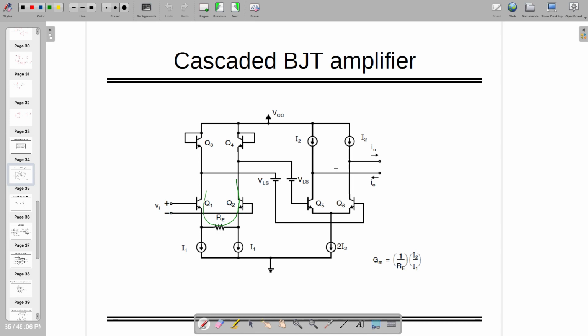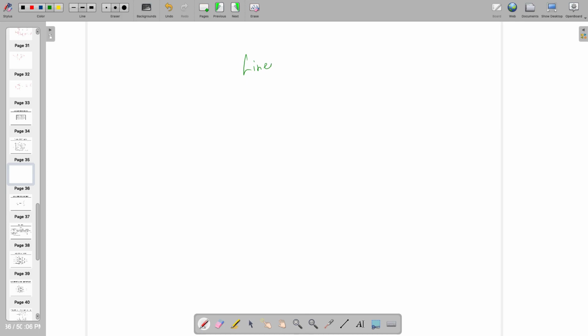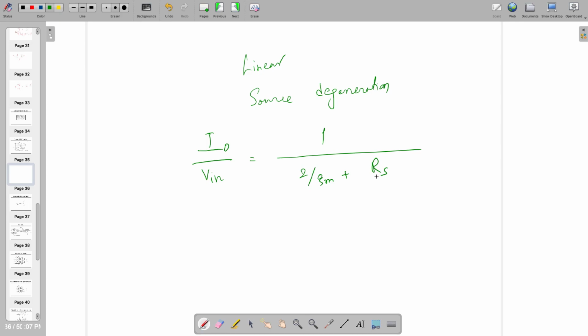But are you following this till now? The main agenda is how to get the linear relation. If you want to have linear, you can use source degeneration, through which Iout by Vin is nothing but 1 by 2 by (gm plus Rs), where Rs is the source degeneration resistor.